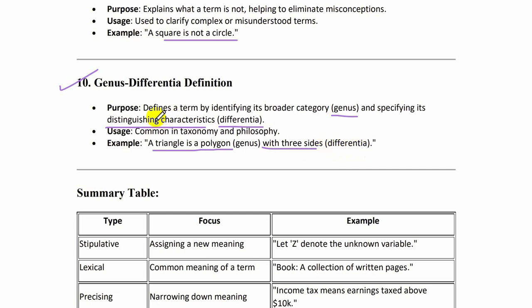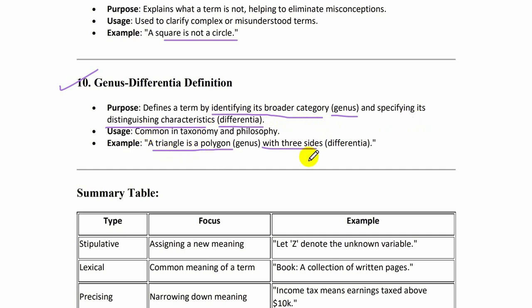So let's understand once again. Genus-differentia definition defines a term by identifying its broader category. So what is having 3 sides? A polygon, which is a triangle. So the key words here are identifying its broader category and specifying its distinguishing characteristics.